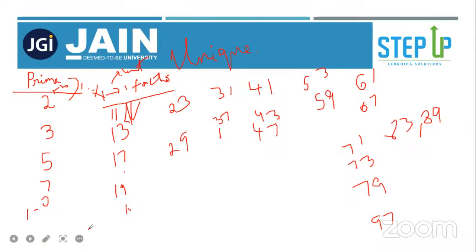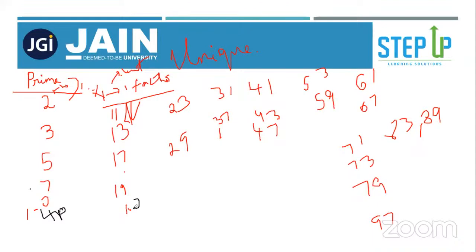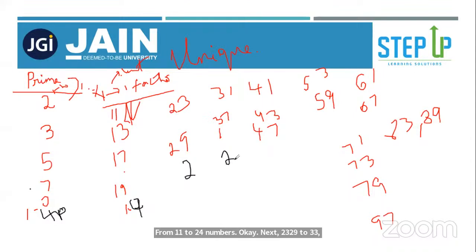So from 2 to 10, there are four prime numbers. From 11 to 20, four numbers. Next 23, 29, then 31, 37, then 41, 43, 47.